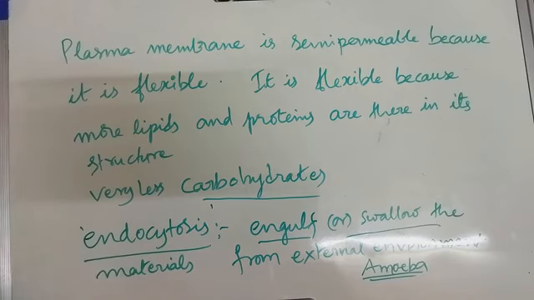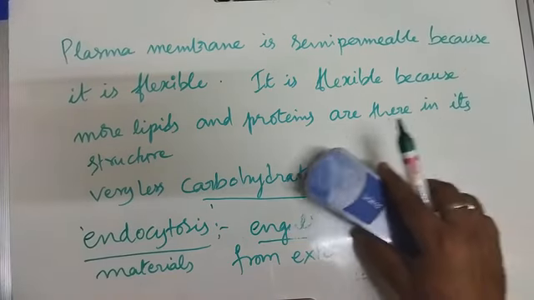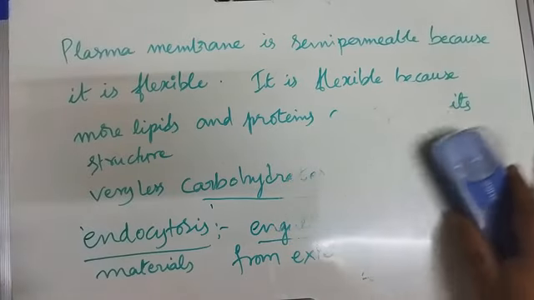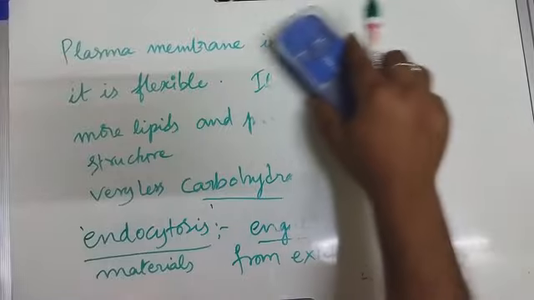Now let us discuss the in-text questions. How do substances like CO2 and water move in and out of the cell? The CO2 and water-like substances move in and out of the cell based on their concentration.